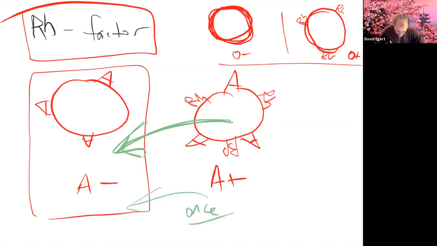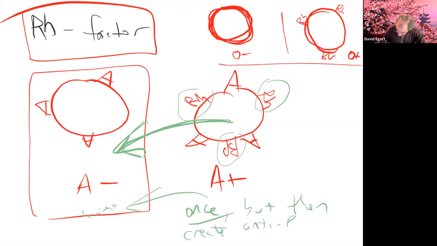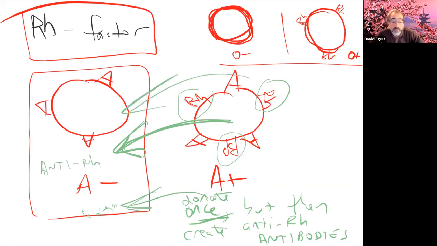But once this person has been exposed to this blood with the Rh, they then have an immune reaction and create anti-Rh antibodies. So once this person has anti-Rh, if you try to do this a second time, it's bad, because now they are going to react against this positive blood.